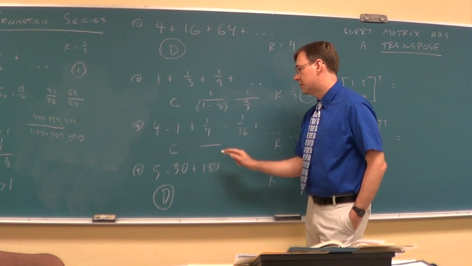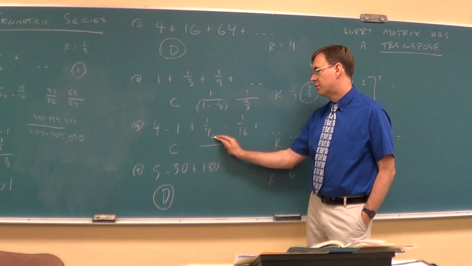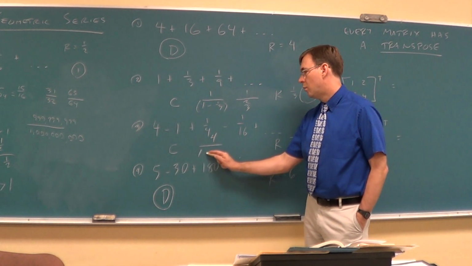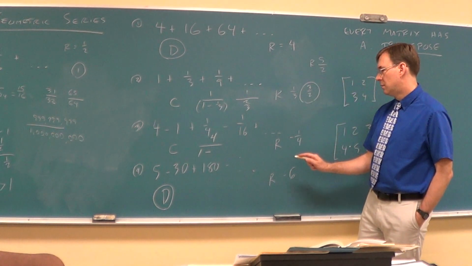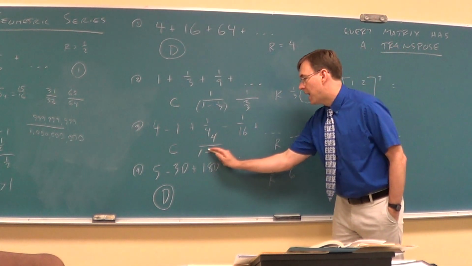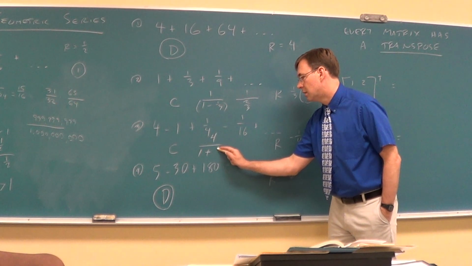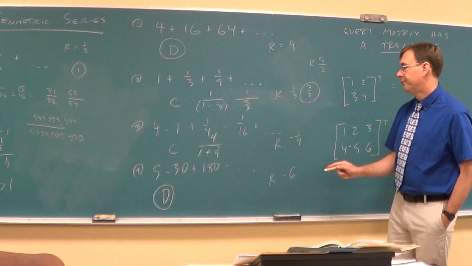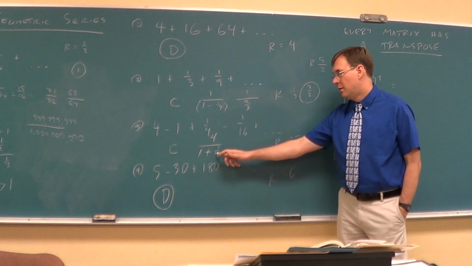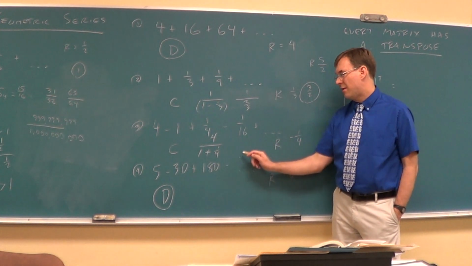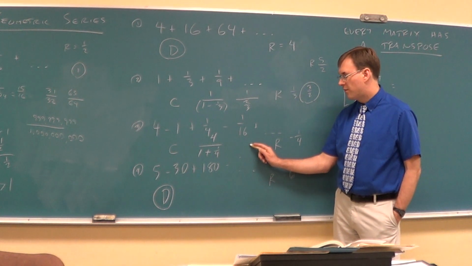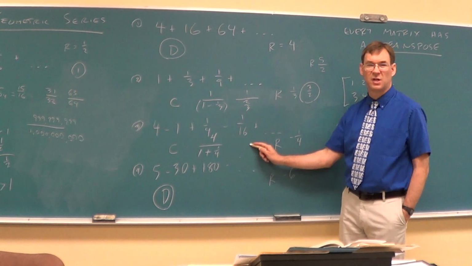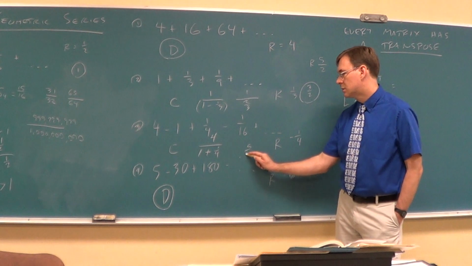This one, similar approach: top is 4, bottom, 1 minus, minus a fourth. Negative, so minus minus makes plus a fourth. And then I would try to add that. If we add those together, keeping it as a fraction, 1 1/4, let's do an improper fraction, it'll be better. 5/4.